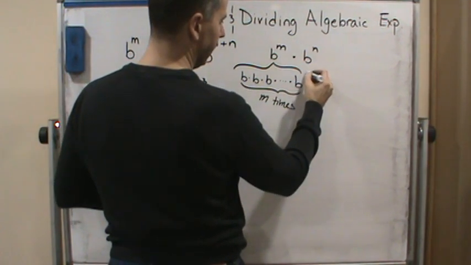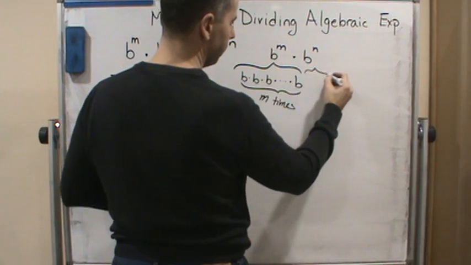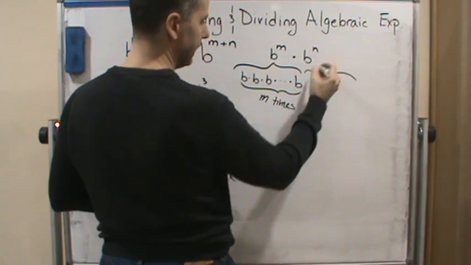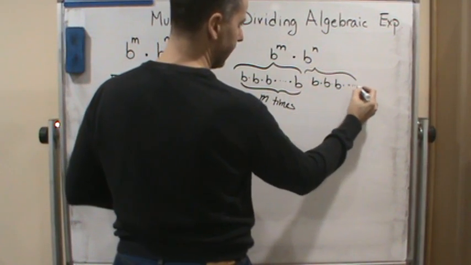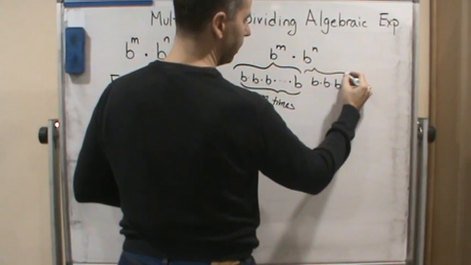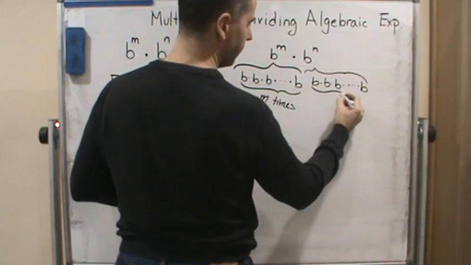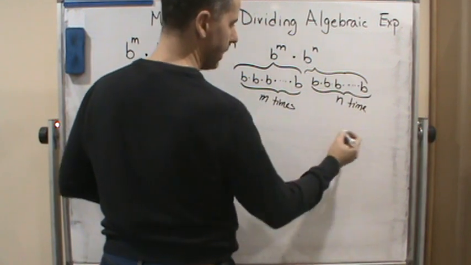And then b to the n means b times b times b times dot dot dot times b, how many times? n times.